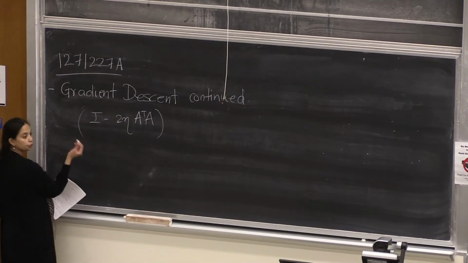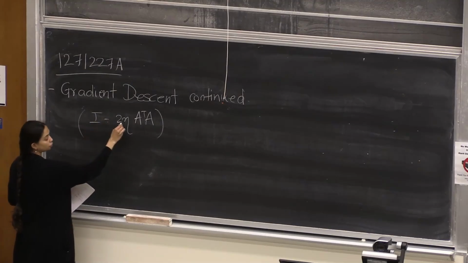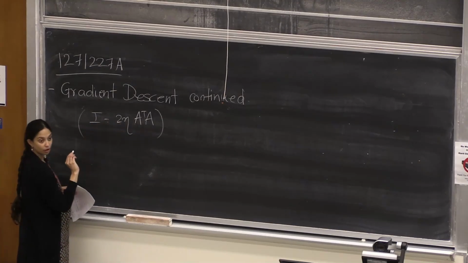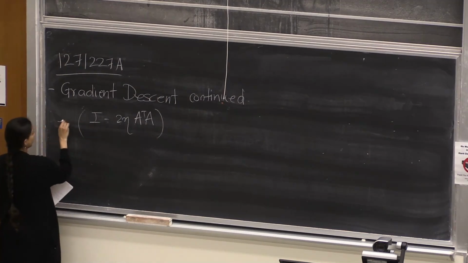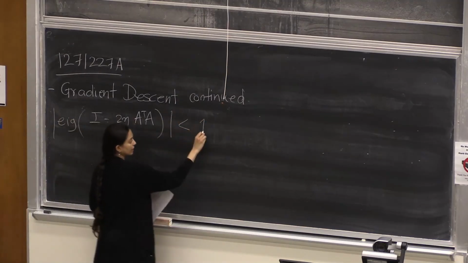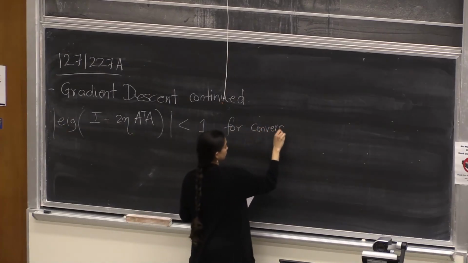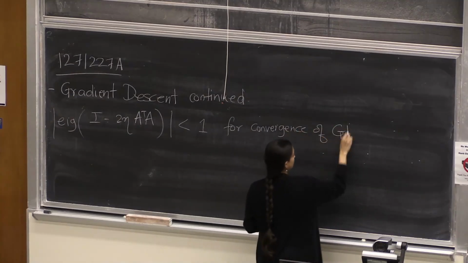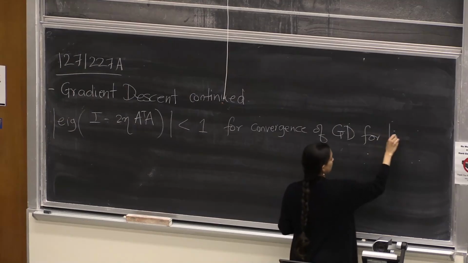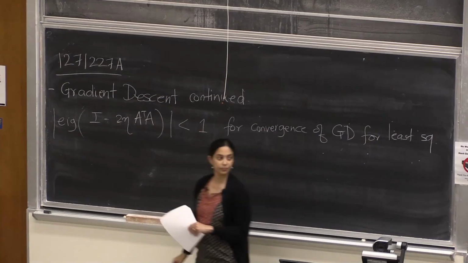Because using the shift property of eigenvalues, the eigenvalue of this other matrix is going to be 1 minus 2 eta times whatever eigenvalue of A transpose A. And so you wanted the absolute value of these eigenvalues to be less than 1 for convergence. Okay?